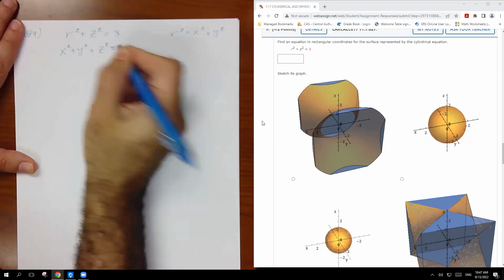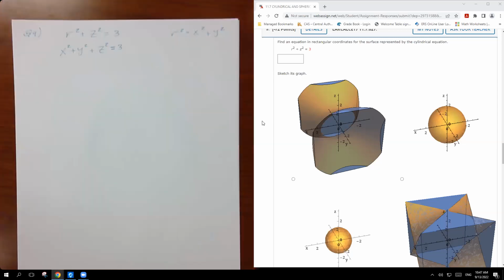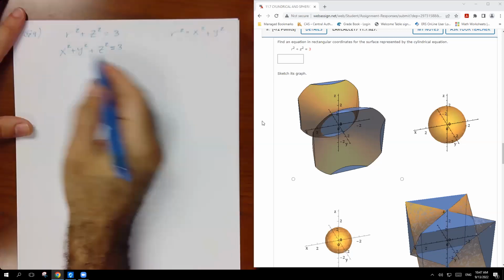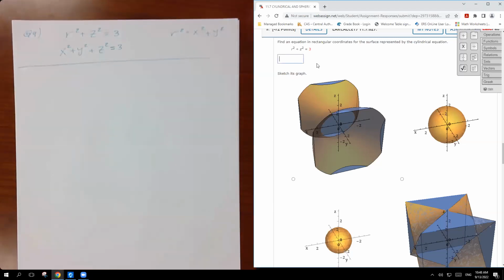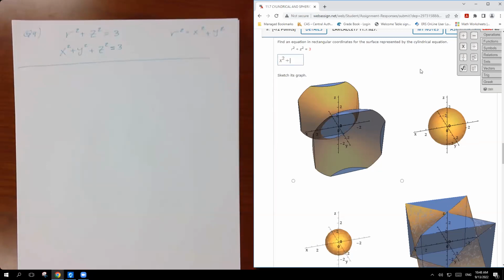That's it, I don't have to move on. Just keep it like this. This is the rectangular equation. Now the other part is how to find the right graph. So here is x squared plus y squared plus z squared equals 3. We're done with this one.